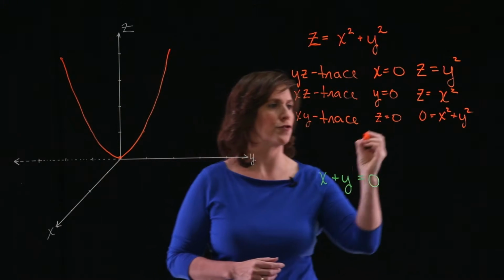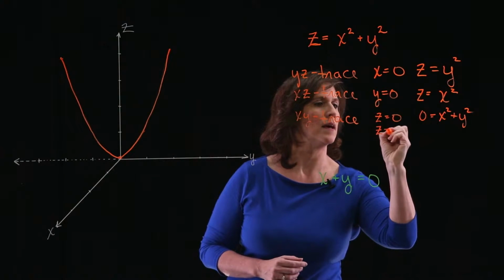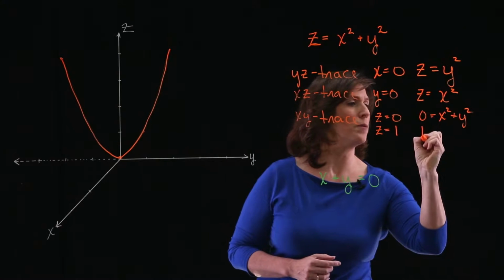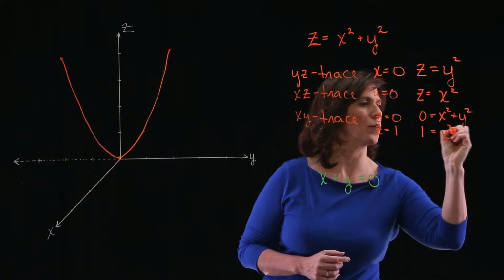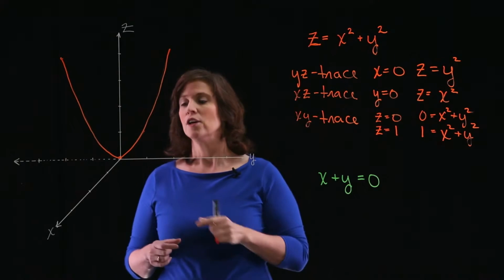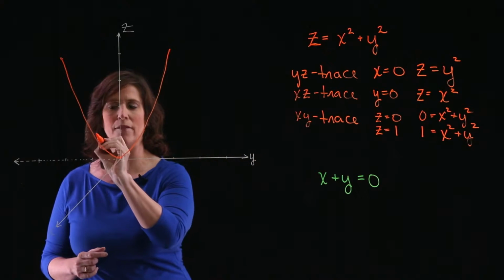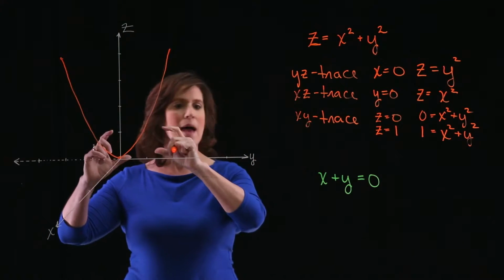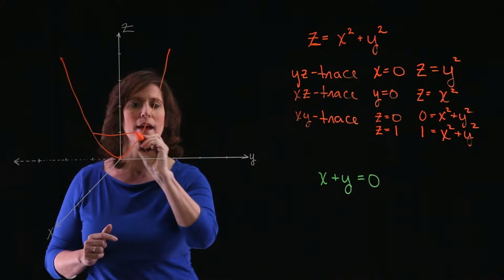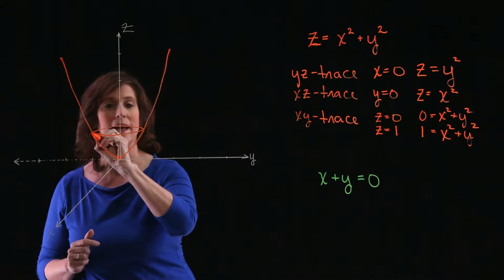So let's try another trace, letting z be equal to, say, 1. If z equals 1, my formula becomes 1 equals x squared plus y squared, which I know is a circle. So when z equals 1, I'm going to have a circle. And again, remember, I'm in the xy plane, so my circle is going to be oriented in a horizontal fashion, like that.